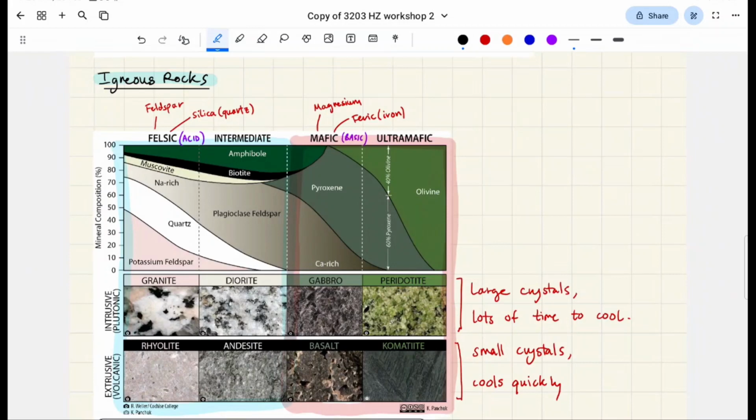Feldspar, that's correct. Silicon, of course. So that's the type of minerals that you find there, and then here's magnesium. Here's ferric.